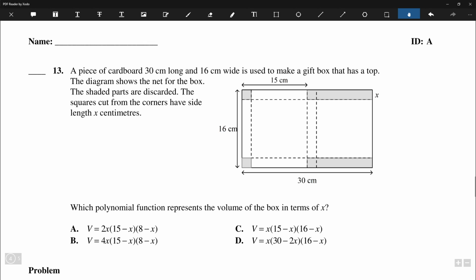See here, a piece of cardboard 30 by 16 is used to make a box with a top. Okay, so it's a net diagram. Right, so what is the volume? So this one, we know that volume is equal to length times width times height. So if we were to look at the box, we'll have the following.